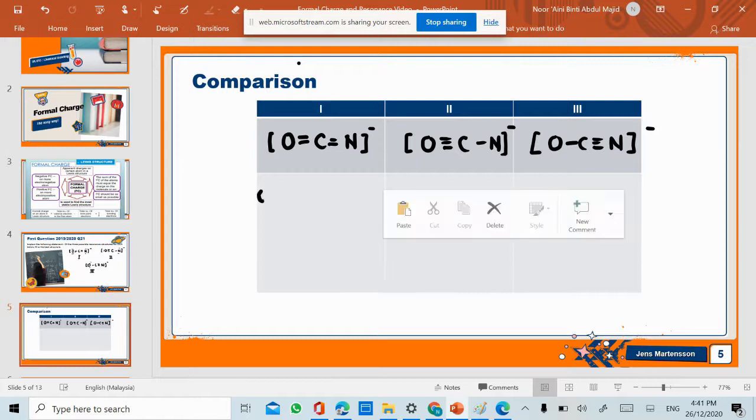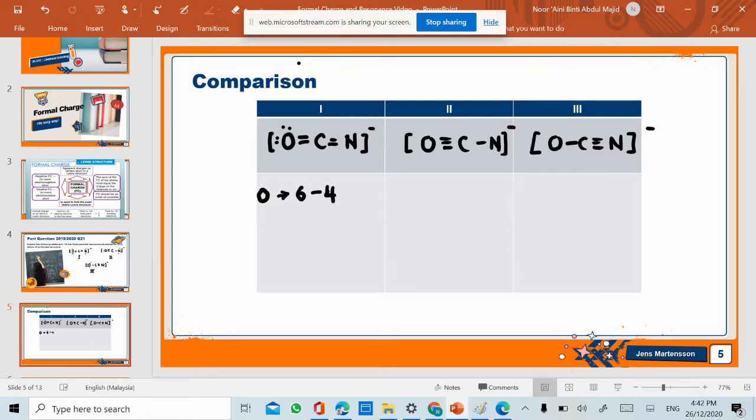Okay, let's calculate every single formal charge. For oxygen, we're not forgetting our lone pairs just now. What is the number of valence electrons for oxygen? Oxygen has 6. Minus how many dots around oxygen, which means how many lone pair electrons? 4.